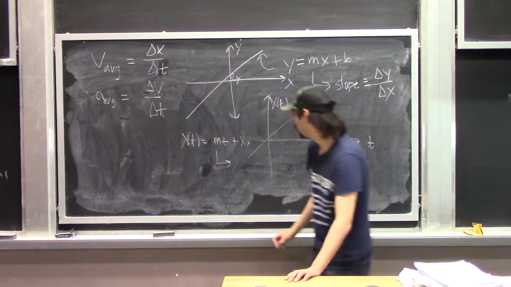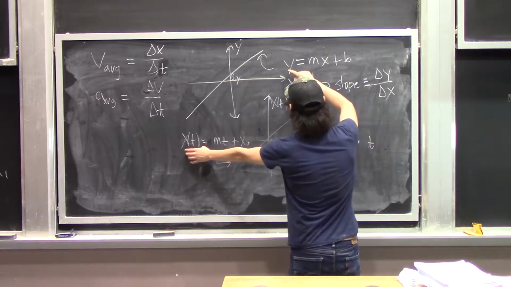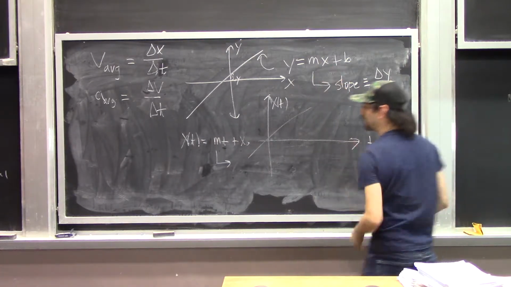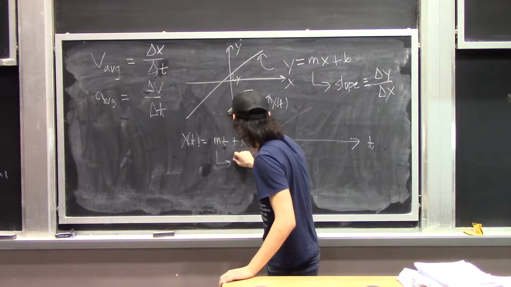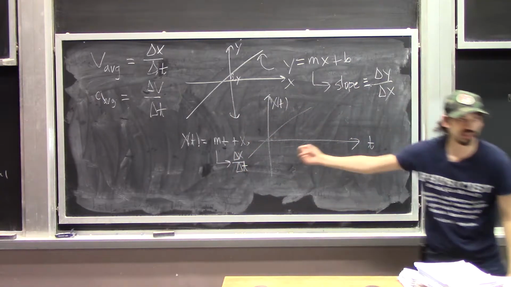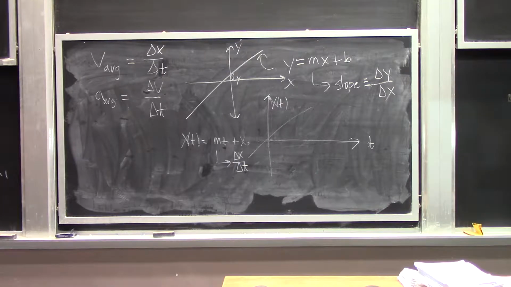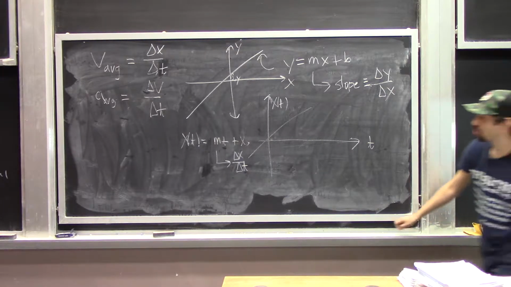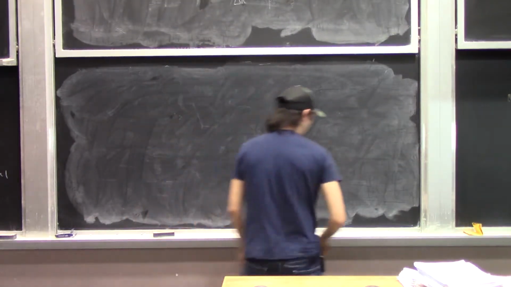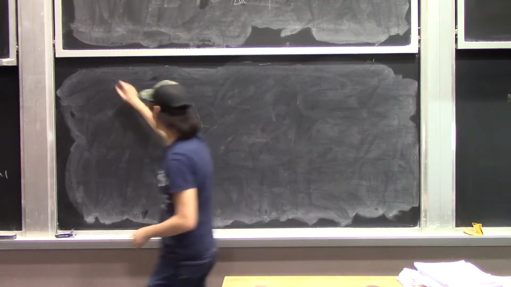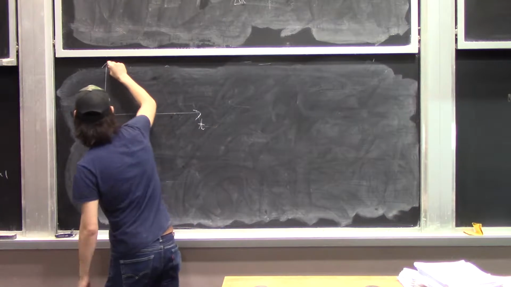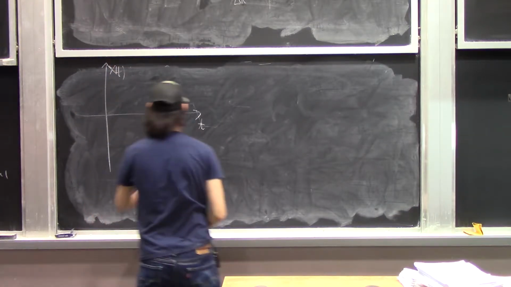Well, the slope is the change in this variable divided by the change in this variable. So the slope here is really delta x divided by delta t. Well, what is delta x divided by delta t? Average velocity. And so when we're plotting the position versus time, the slope of this plot should be our velocity. So this is x, the position as a function of time, and this is time.